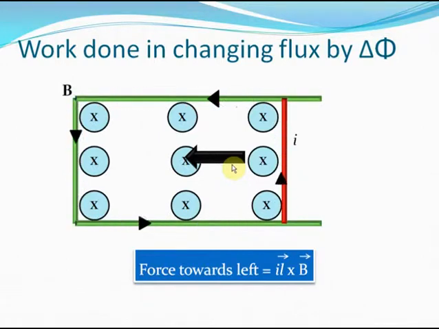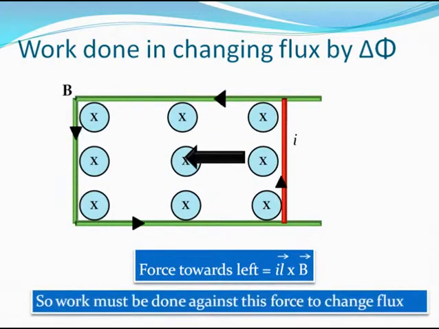Now the work we're talking about here is the net work that is required to be done to keep changing the flux at that same constant rate. This is the net work required to keep the rod moving with the same velocity v. Now what will this work be?